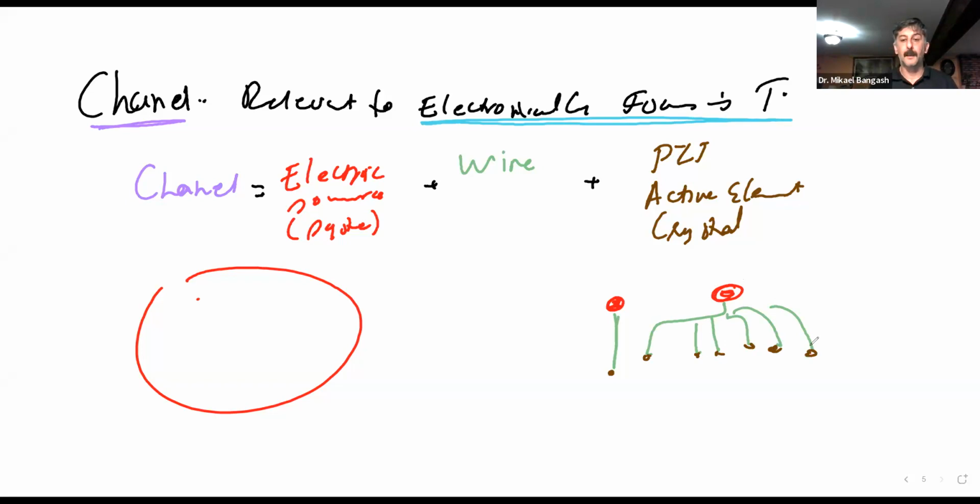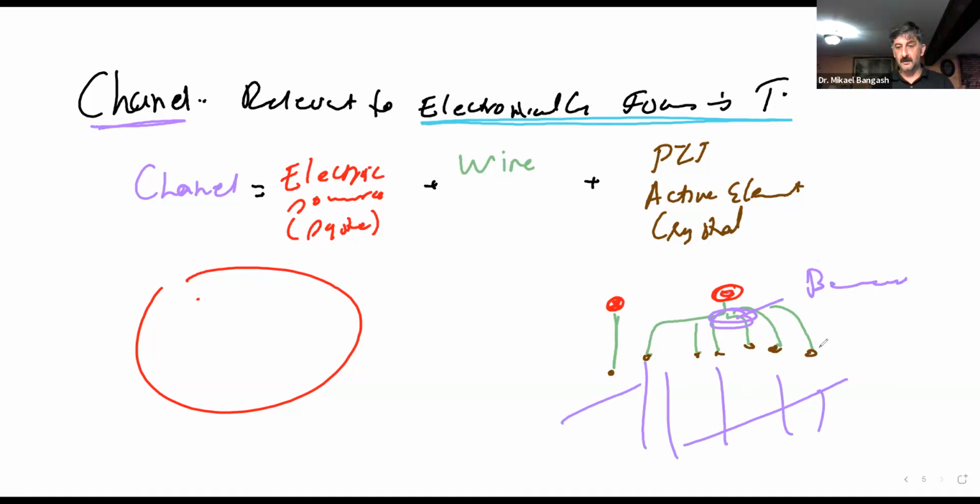Actually, on the journey from the electrical source through the wire, at some point there is what we may call the beamer or beamformer. Which means it will ensure that the signals reach the PZTs in a certain pattern, so that the beam may be steered in this direction, the beam may be steered in this direction, or the beam may be steered in this direction.